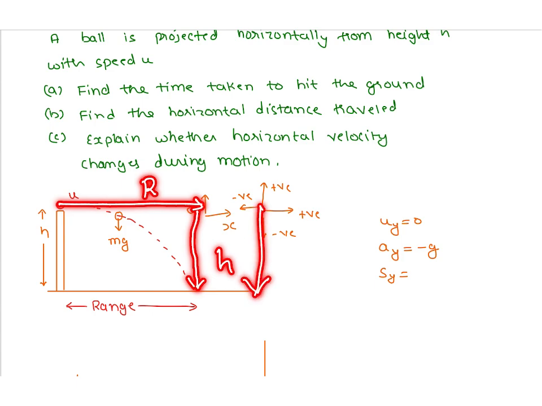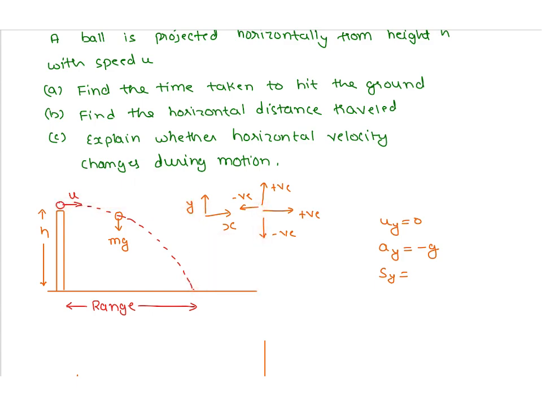Vertically downwards implies displacement will be equal to minus h. So y direction displacement is minus h.